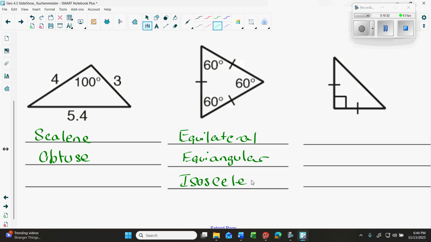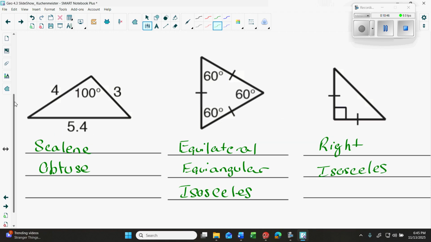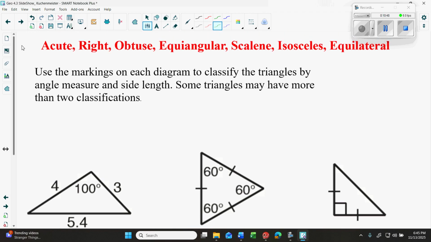So you've got three different classifications for this one. Here, we have a right angle, so it's a right triangle. And then we have two congruent sides, which is an isosceles triangle. So this is a right isosceles triangle. So hopefully you had those. If you have any questions on those, make sure to ask. But these are basically the words we can use when we classify triangles.